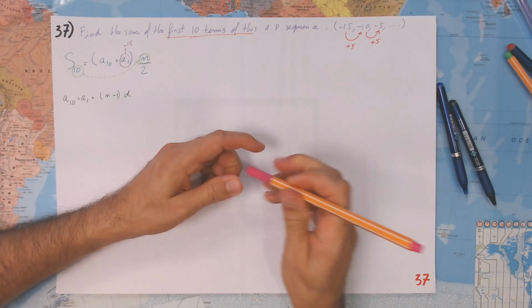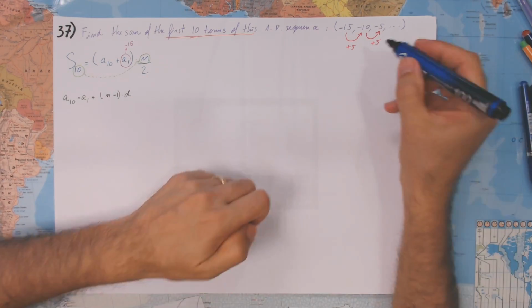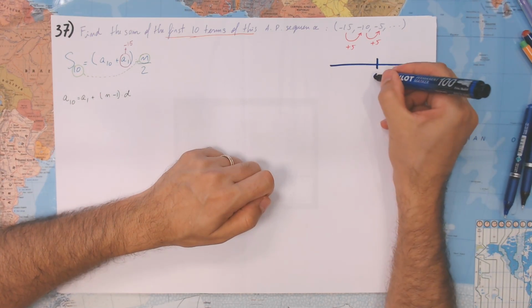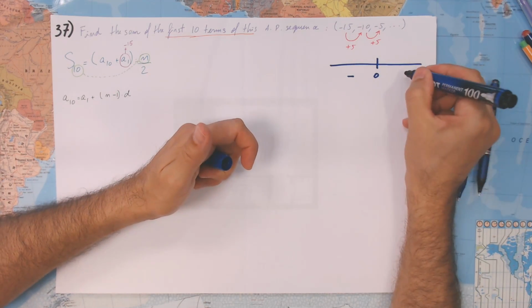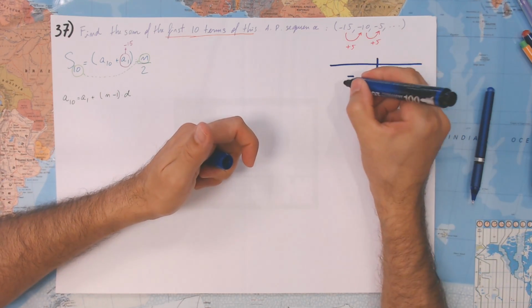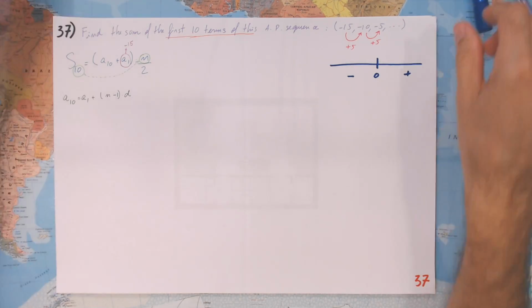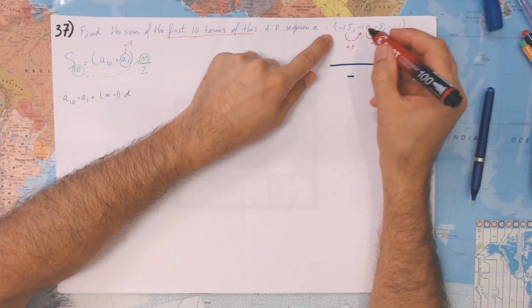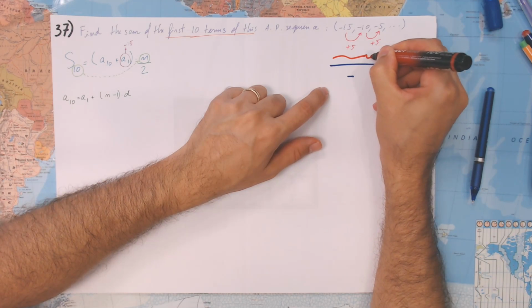Okay, please bear in mind that although we are working with negative values, we are on this part, we are not in here, we are at this part in here. Although we are working with the negative part, the sequence starts on the negative side, and the sequence goes to the right.